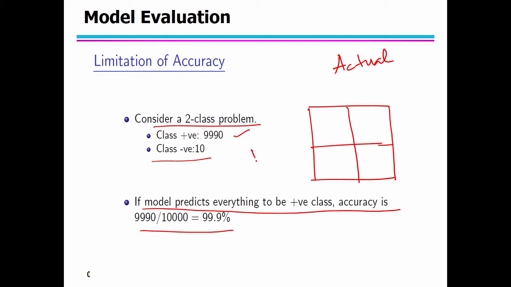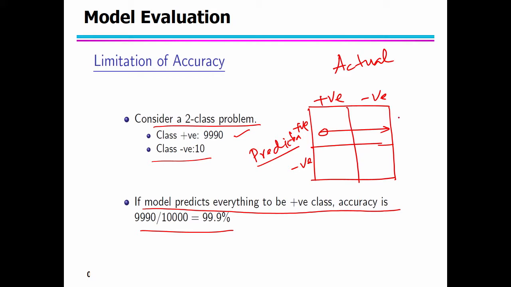Now, predicted is this side: positive, negative, positive, negative. Now, the model says everything is positive class, that means on the row side all are positive class. So if you add this entry, you will get the total number of objects.